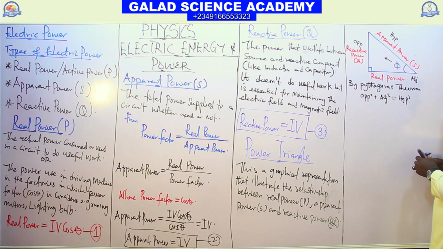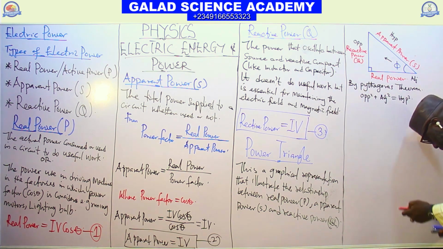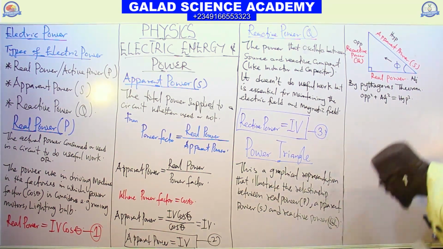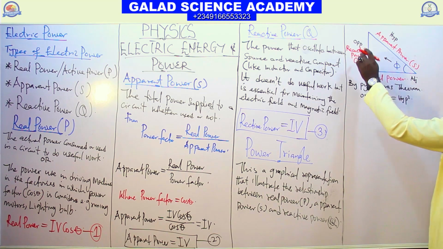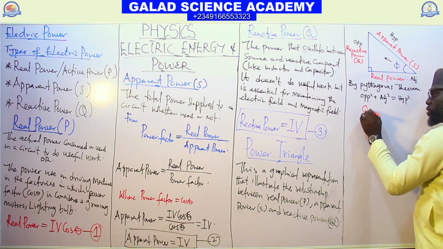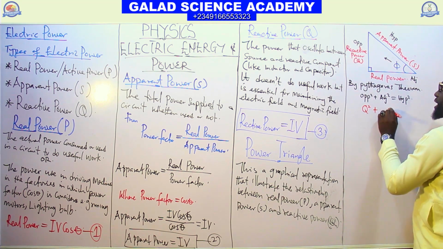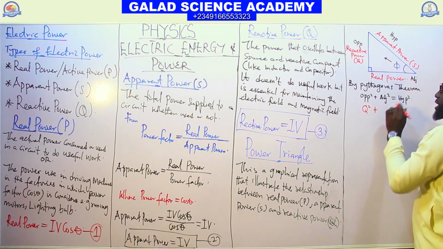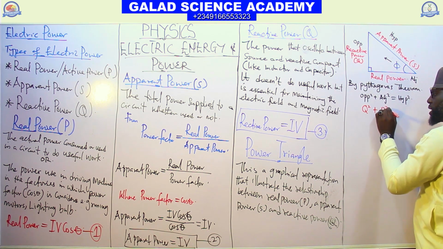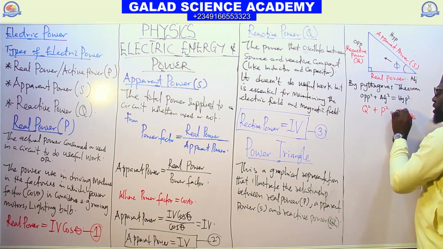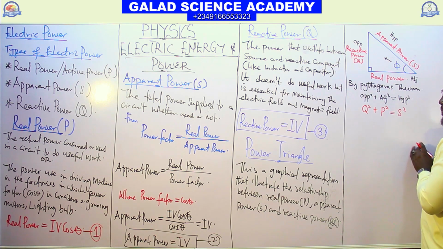What is opposite square here? It is Q. Adjacent is real power, which is P. Hypotenuse is X.